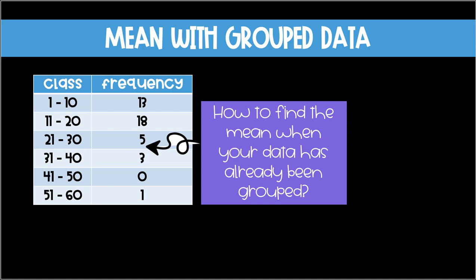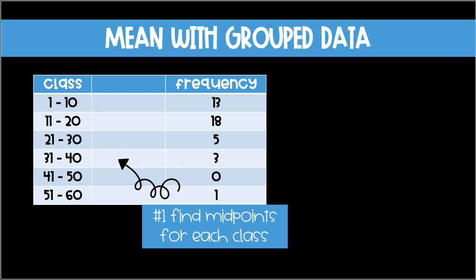We have multiple steps. Let's do them one by one. First, you will find the midpoints for each class. I hope you remember from the previous classes. If not, let me show you. To find the midpoint, you're going to add the lower class limits for your class and the next one, and then you divide by 2. 1 plus 11 is 12, divided by 2, 6.